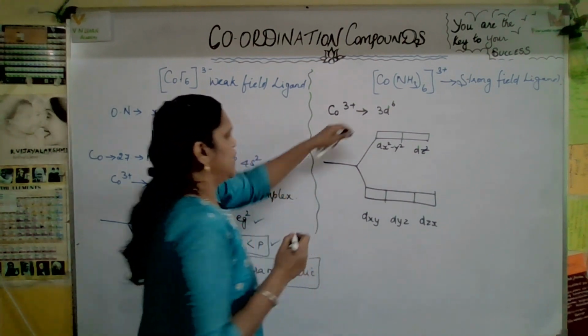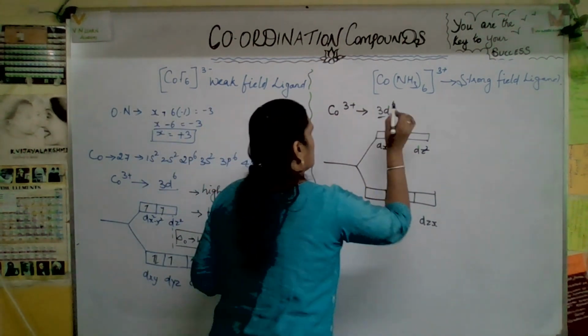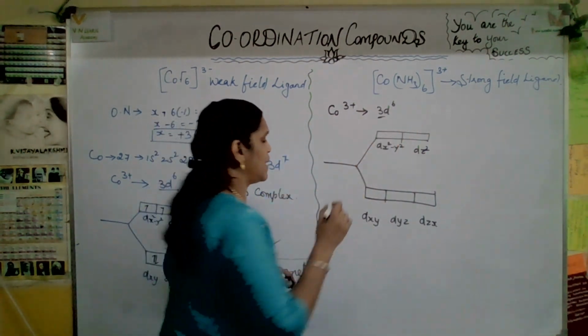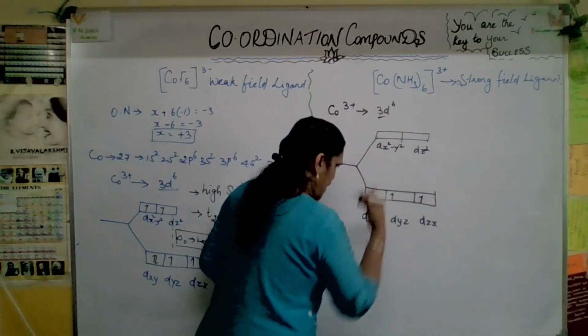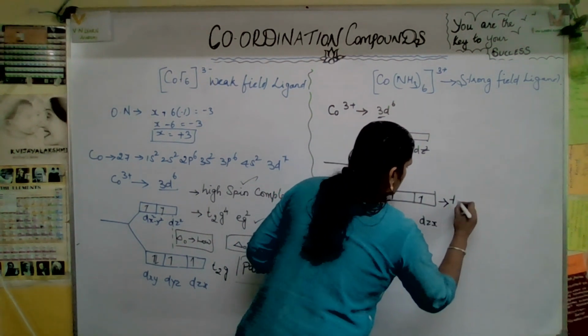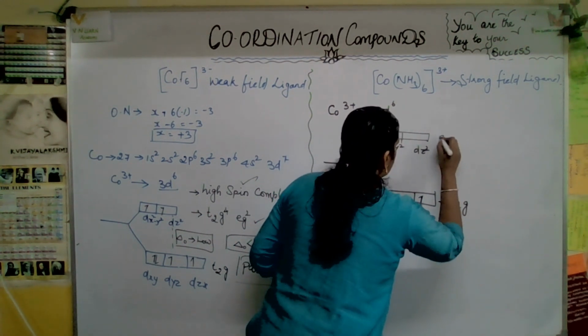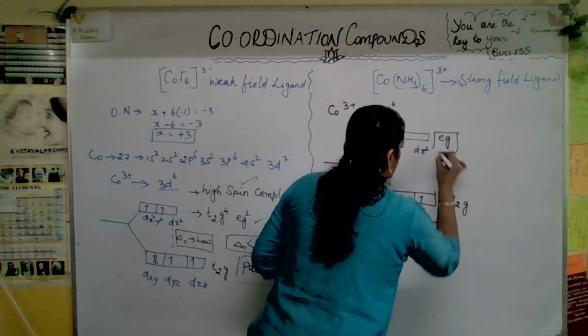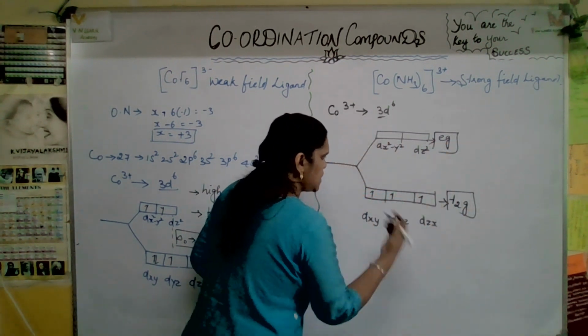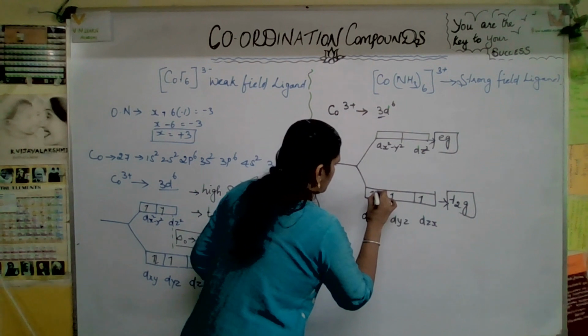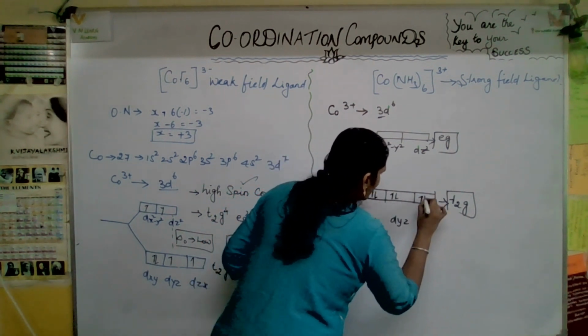Now here 3d6: how to fill the electrons? It's a strong field ligand. So definitely 1, 2, 3 and pair up here. This is t2g and this is eg, right? So this is the eg level only. Why? Because it's a strong field, again it will pair the electrons.